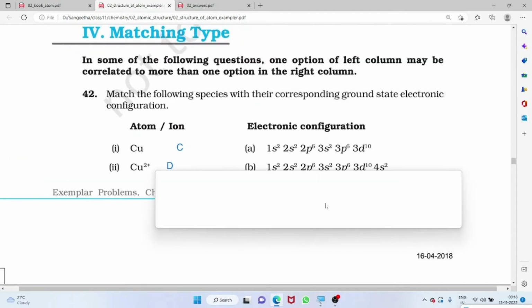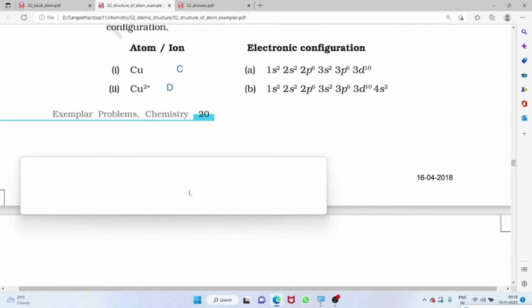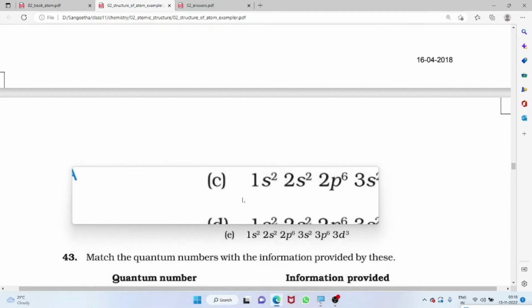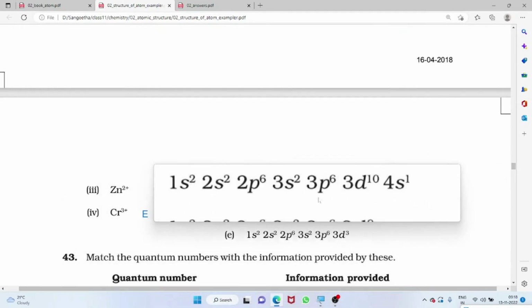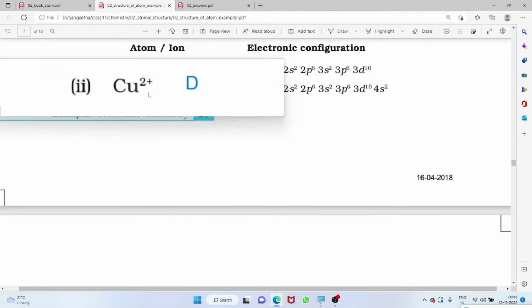Match the following species with the corresponding ground state electronic configuration. For copper, as I already showed you, this is 3d10 and 4s1. Here you see copper 2 plus.